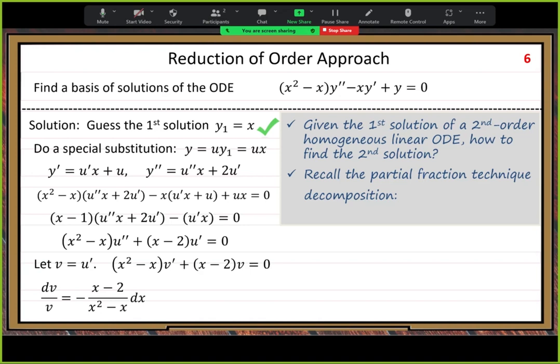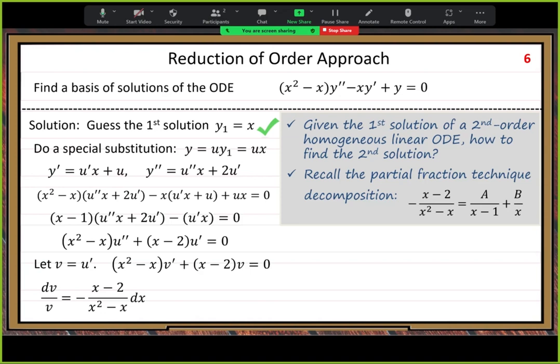We need to decompose this fraction as the sum of two simpler fractions. Here, because the denominator is a quadratic function, a degree 2 polynomial, now we can decompose, right? It has two linear factors.